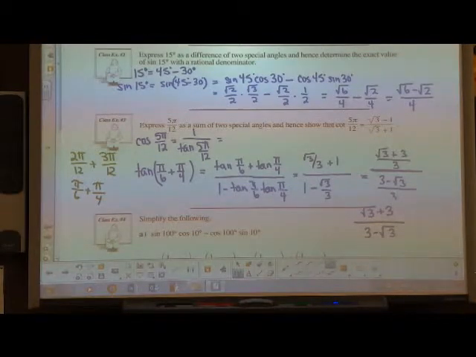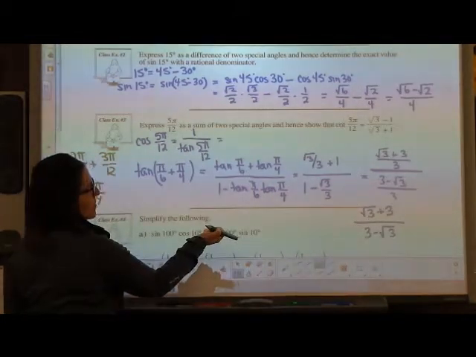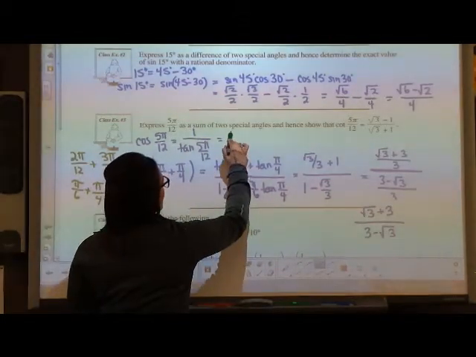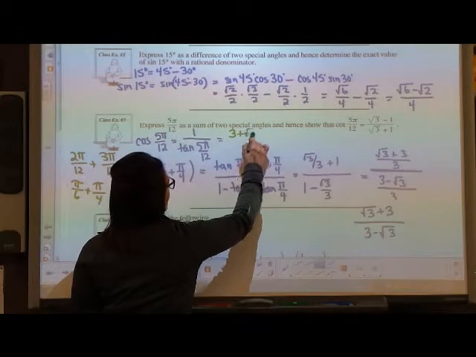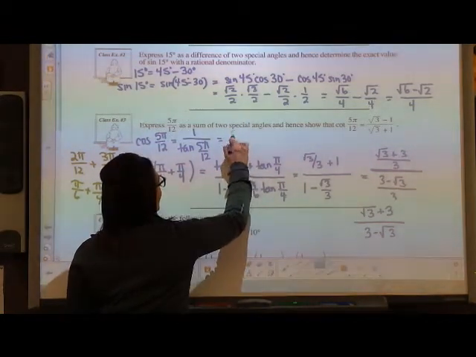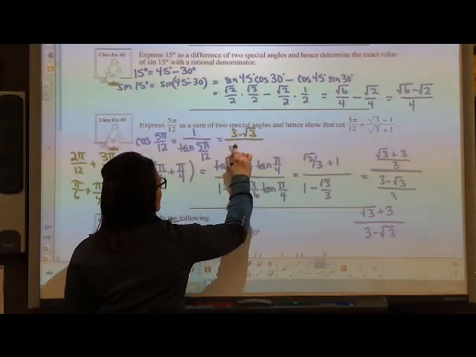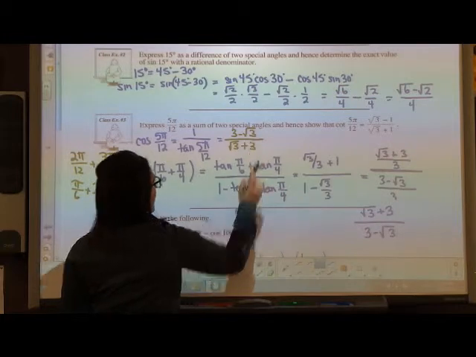So if that's what tan equals, cotangent would equal the reciprocal of that, and I would get 3 minus root 3 over root 3 plus 3.